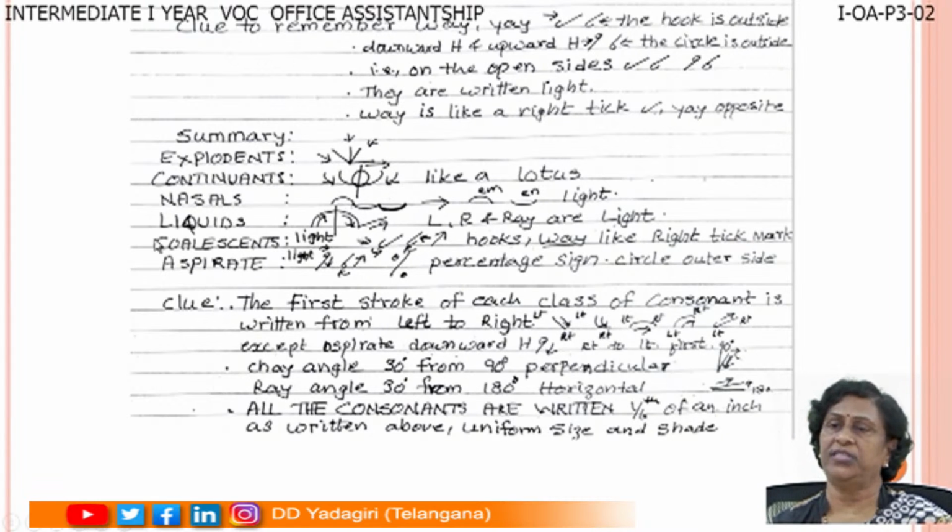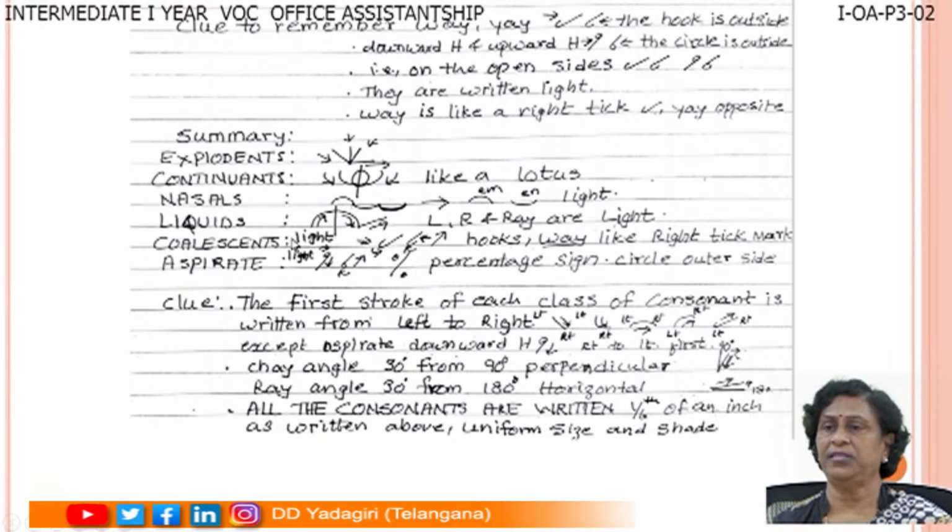Liquids. How to remember liquids now? Like you make a semicircle like this and you divide it. When you divide it, from here, naturally when you're writing, you're going to go upward here. So that is your L. And from this point, you're going to come down. So this is your R. And again, from this point, when you go up, it is ray. So this is your L, this is your R, and this is your ray. L, R, ray.